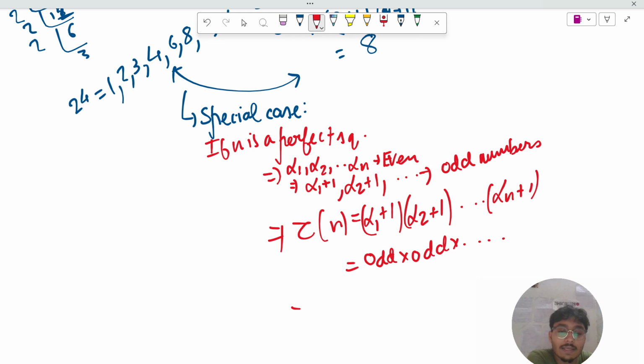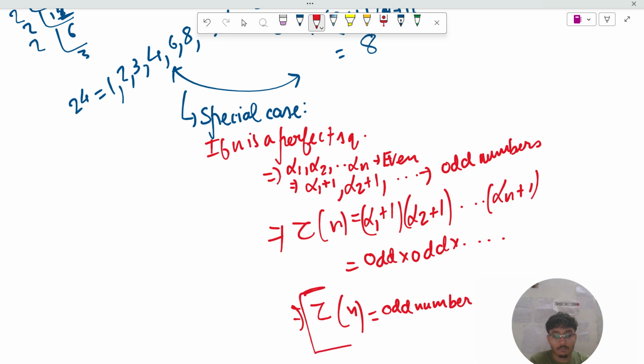So ultimately that suggests that if my n is a perfect square, then my tau of n, that is the number of factors of n, has to be an odd number. This is what my results suggest.